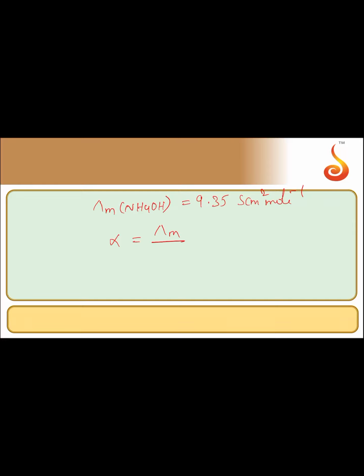Lambda m by lambda m naught, that is 9.35 by 238.3. The value will be 0.0392. Alpha value percentage is 3.92%. So the percentage degree of dissociation of NH4OH is 3.92%.